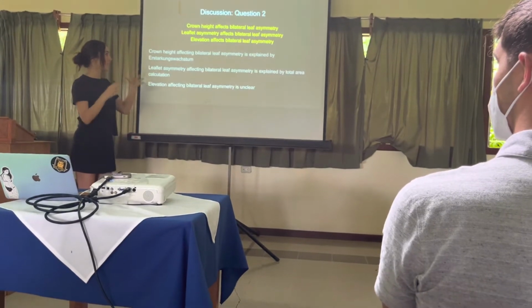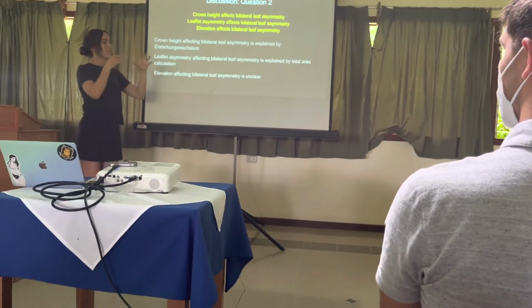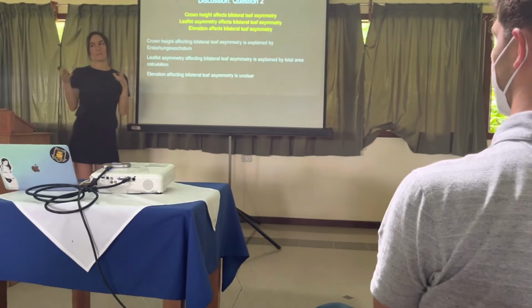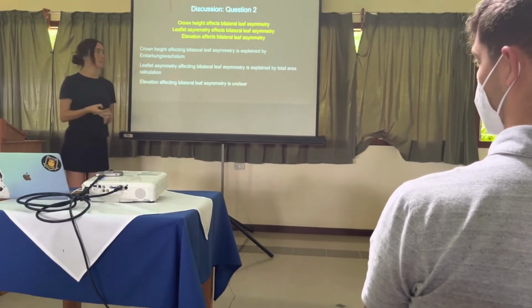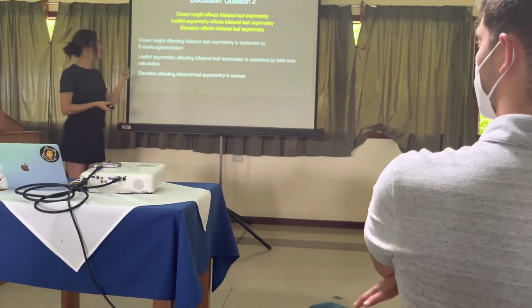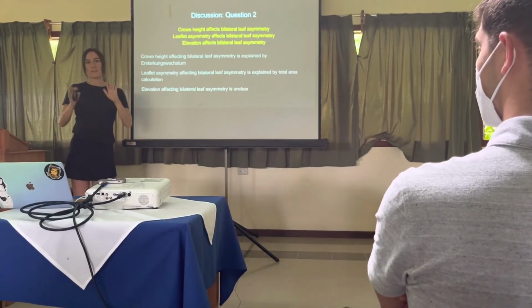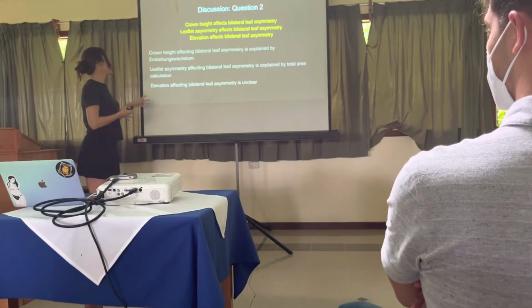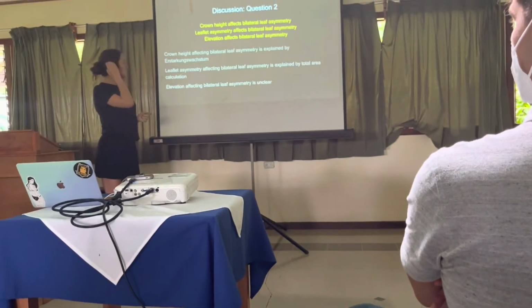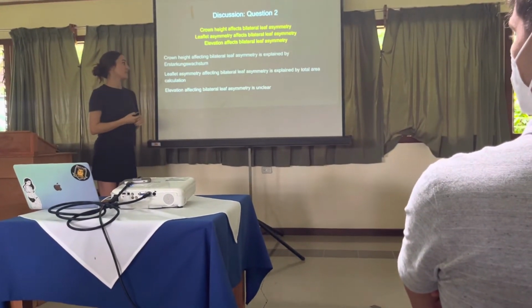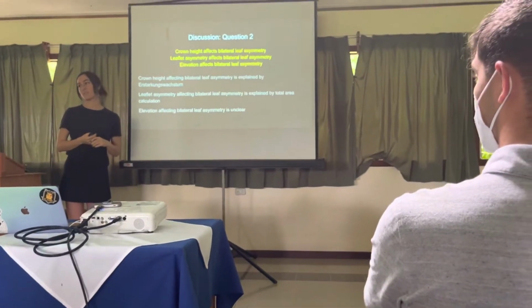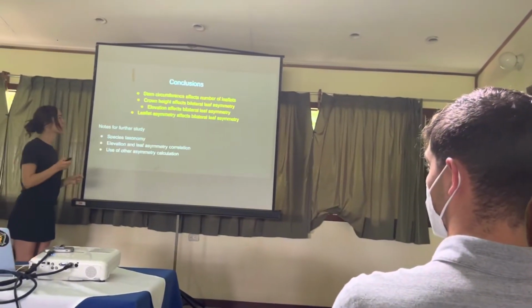So the taller the crown, the more variation there is in the leaf, and so this could be deduced that it's also asymmetrical. Leaflet asymmetry affecting bilateral leaf asymmetry can be explained by the total area of both sides. And then I was not able to find any reason why elevation could affect bilateral leaf asymmetry, so this is unclear and could be studied in the future.